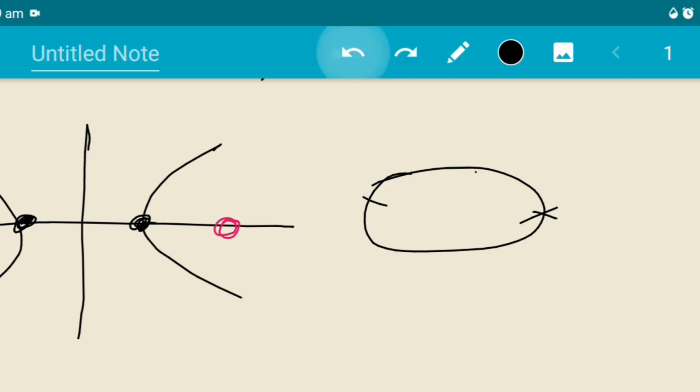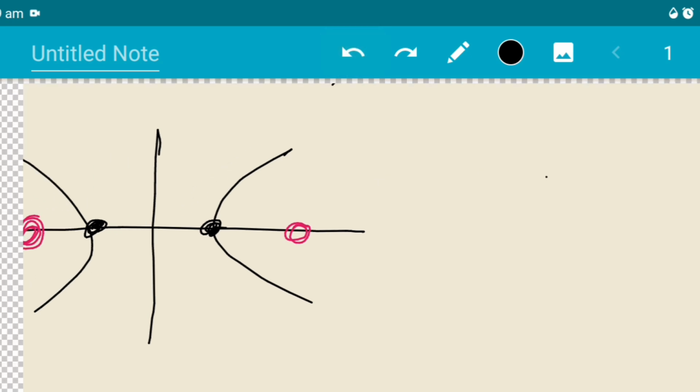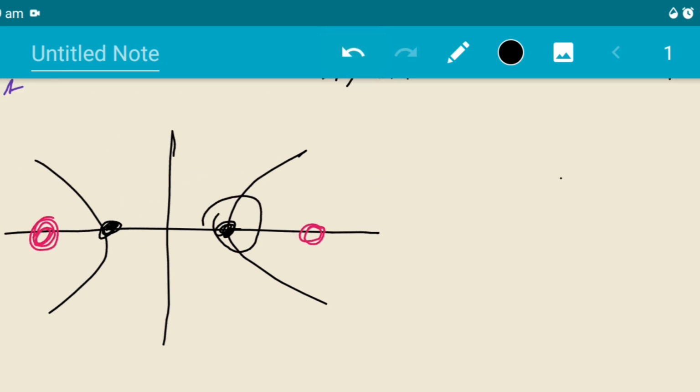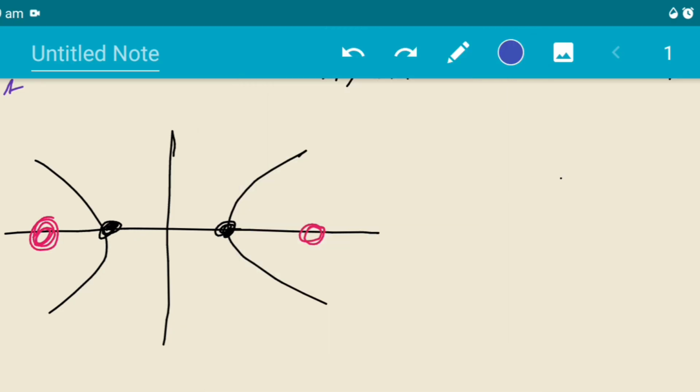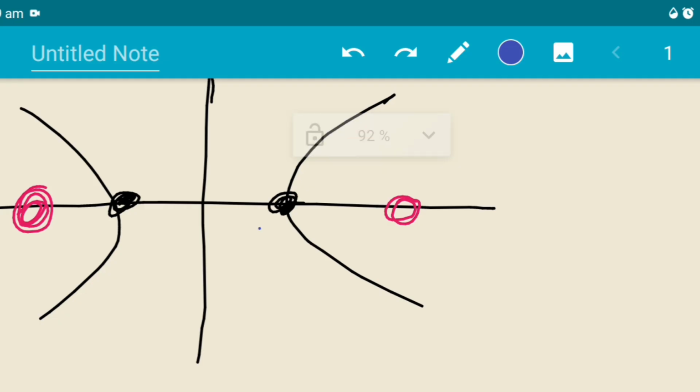In the case of a hyperbola, the vertices would be this and this, and these vertices would be given by V equals a comma 0. Then the same goes for this one right here, but this time it would be negative a comma 0.